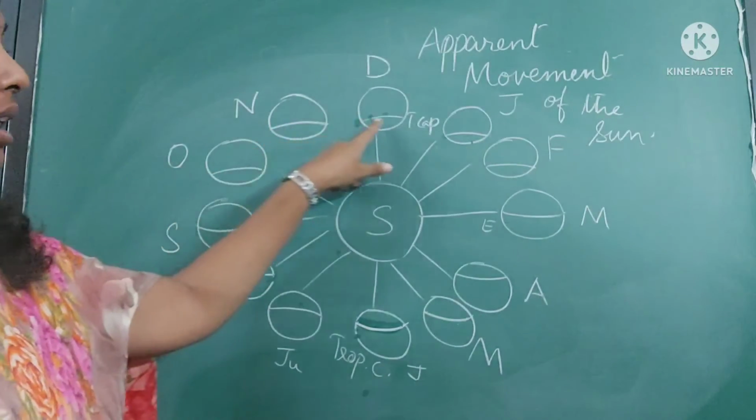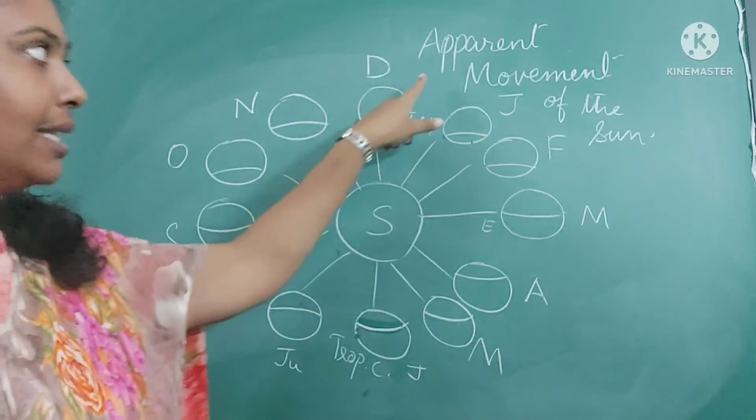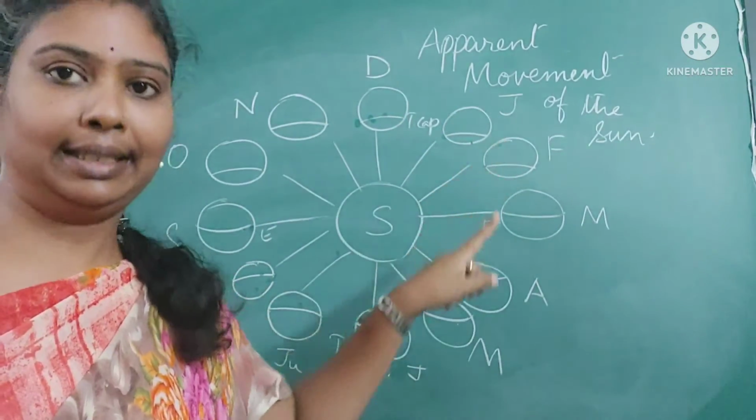So this movement every month is known as the apparent movement of the sun.